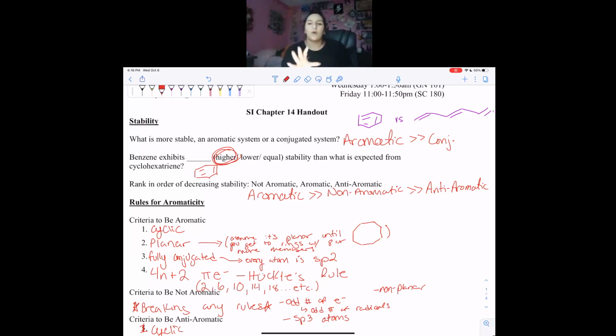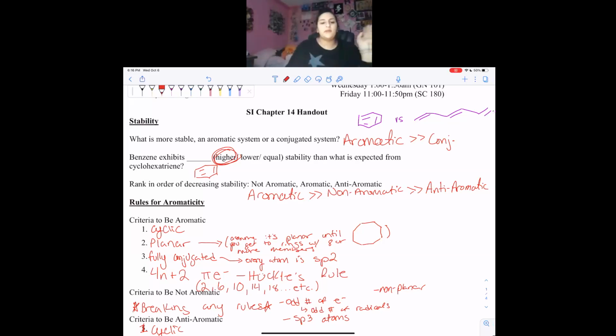Anti-aromatic is the worst. We do not want anti-aromatic. Every ring is doing everything it possibly can to not be anti-aromatic, because anti-aromatic is awful. And then non-aromatic is whatever, it's meh. So if possible, we want to be aromatic. If there's a choice between aromatic and the other two, we always want to be aromatic.